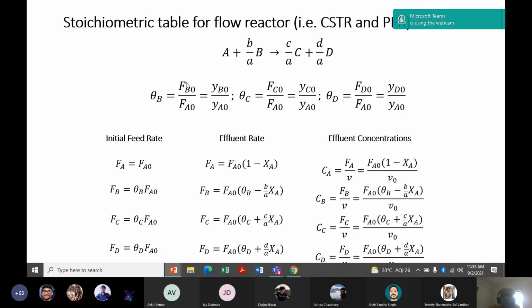So at the inlet condition we will observe theta B, theta C, theta D like this. And if it is a gas phase reaction, it can be expressed in terms of mole fractions, YB0 by YA0, YC0 by YA0, and so on.